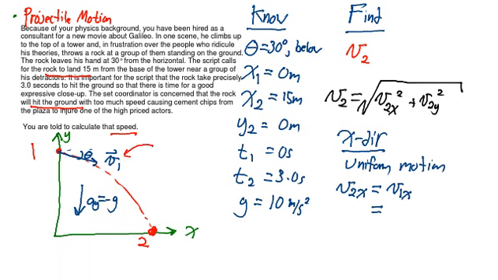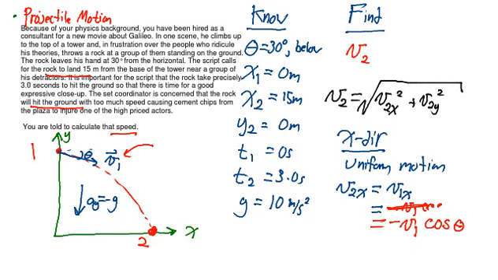And we can easily get that by using our vector components, because we can see that the vector v1 has a negative y component in the coordinate system that we picked, so it would be equal to negative v1 times the cosine. I'll write that down below. Negative v1 cosine of theta.